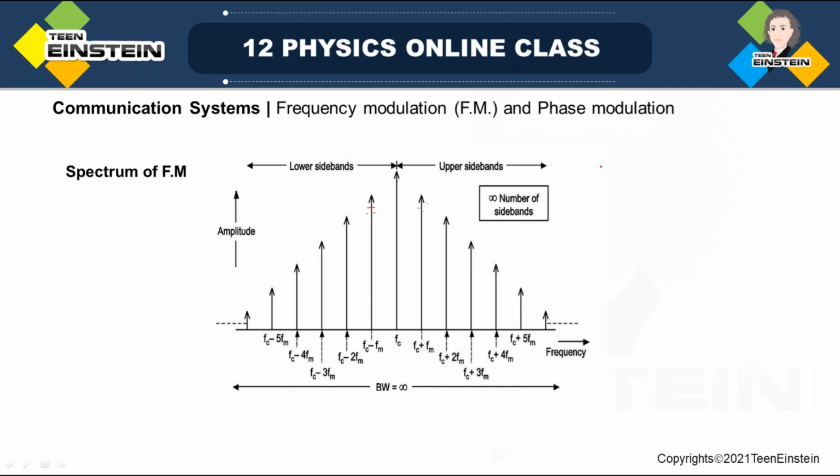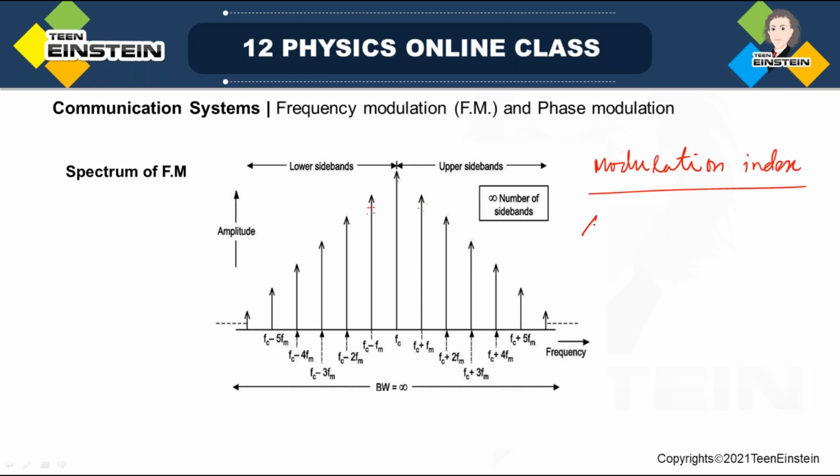So I'll write a few points on this spectrum. Before that, let me write one term and discuss it, that is the modulation index. We had learned modulation index in the case of amplitude modulation. Here also we will define modulation index.